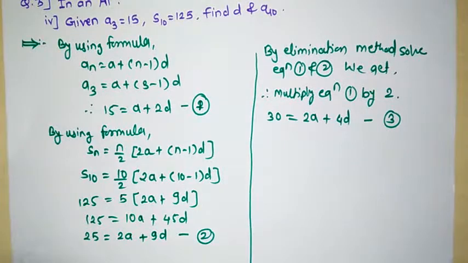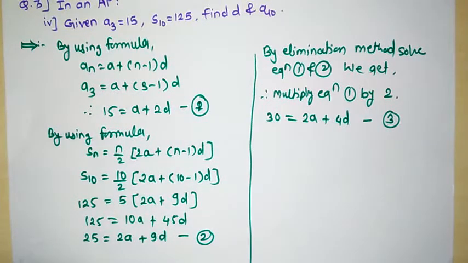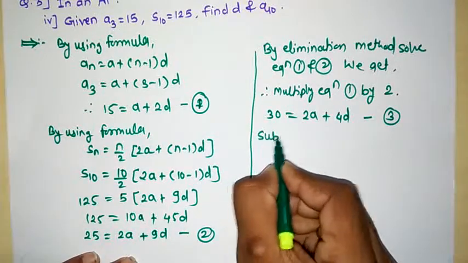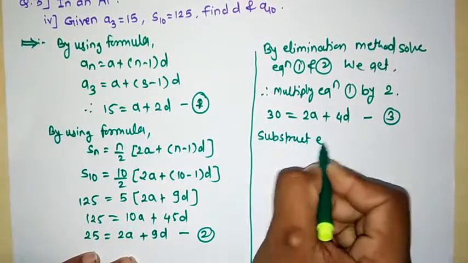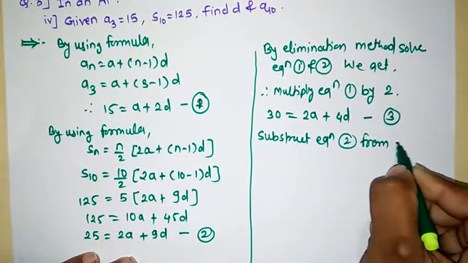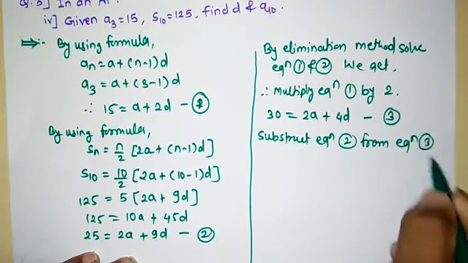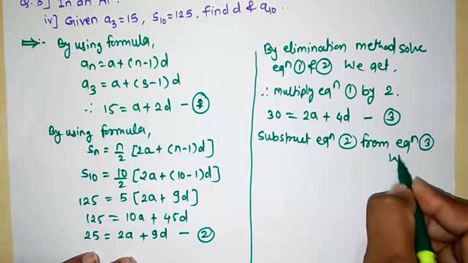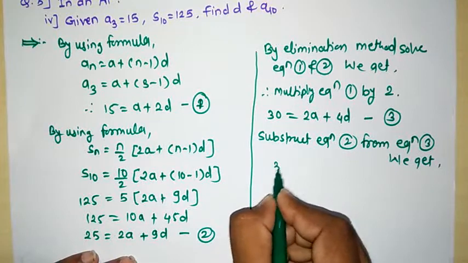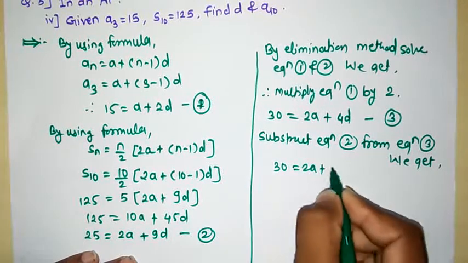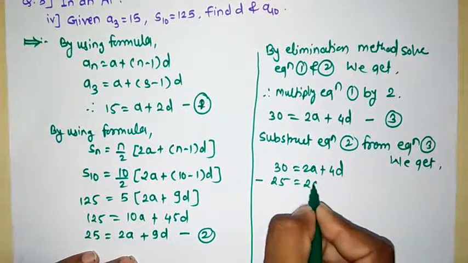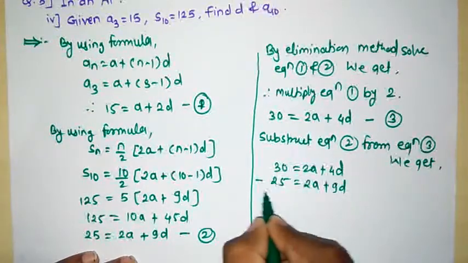Now, see here, we have to subtract equation 2 from equation 3. Equation 2 from equation 3, we get 30 is equal to 2a plus 4d, minus 25 is equal to 2a plus 9d. We have to subtract here.